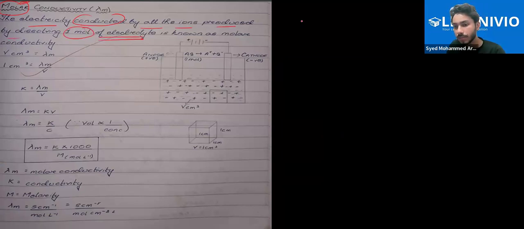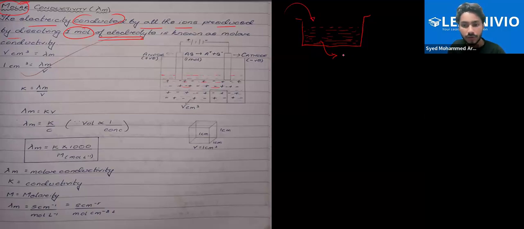Understood? So basically, there is a beaker like this, and in this beaker I am dissolving a solution. After dissolving, the electrolyte produces ions, and they conduct electricity.